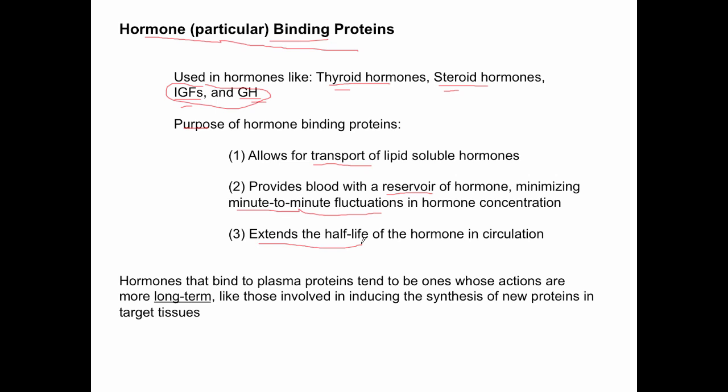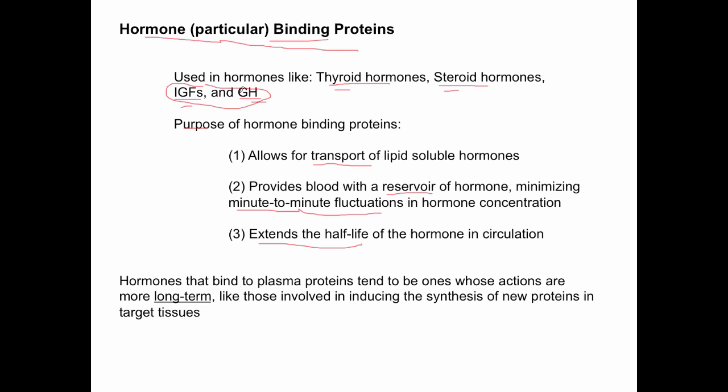So specific binding proteins are very, very important for hormones that bring about effects that need to be sustained. So thyroid hormones bring about overall metabolic changes. Steroid hormones often do similar things. Growth hormone and IGF are going to be essential for maintenance of body structure and growth. Okay?